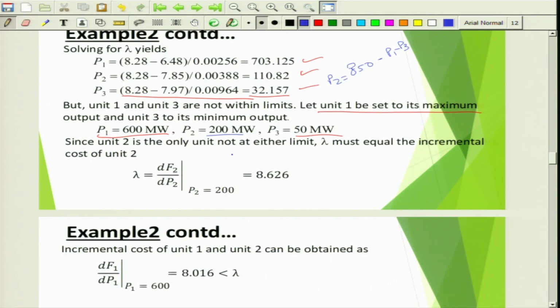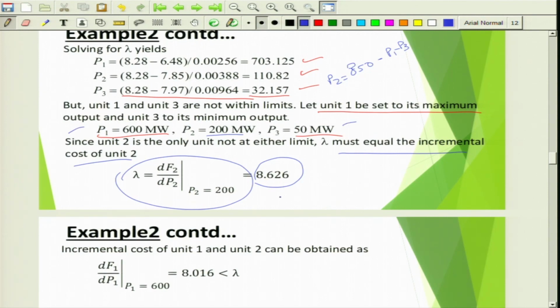Since unit 2 is the only unit not at either limit, lambda must equal the incremental cost of unit 2, right. So what is lambda? dF2/dP2, and then you will get what lambda is, because you already fixed P1 and P3 and they cannot be equal to lambda.